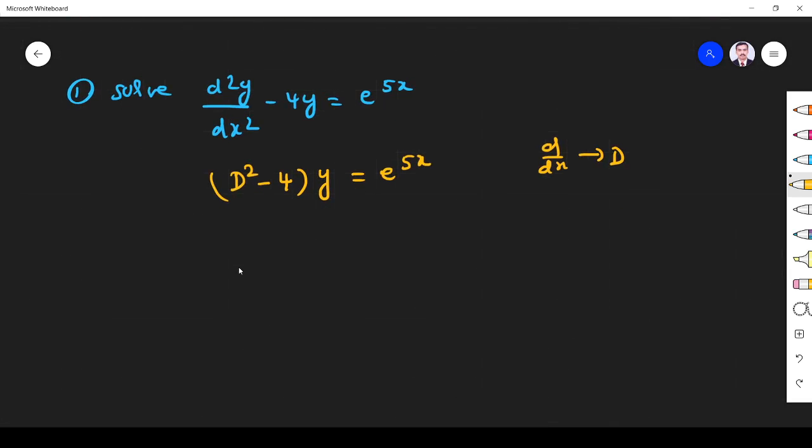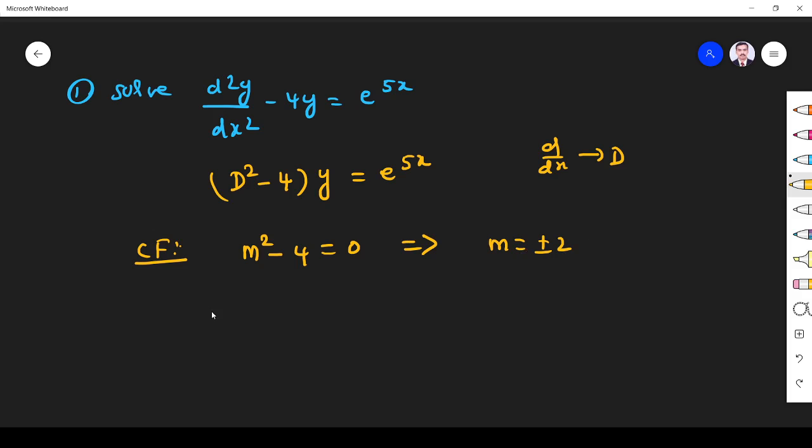First step, the solution has two parts: one is the complementary function and the other is the particular integral. When you want to find the complementary function, replace D by m, so D squared becomes m squared, and replace the right hand side f of x with 0. This implies m is equal to plus or minus 2. So there are two different roots.